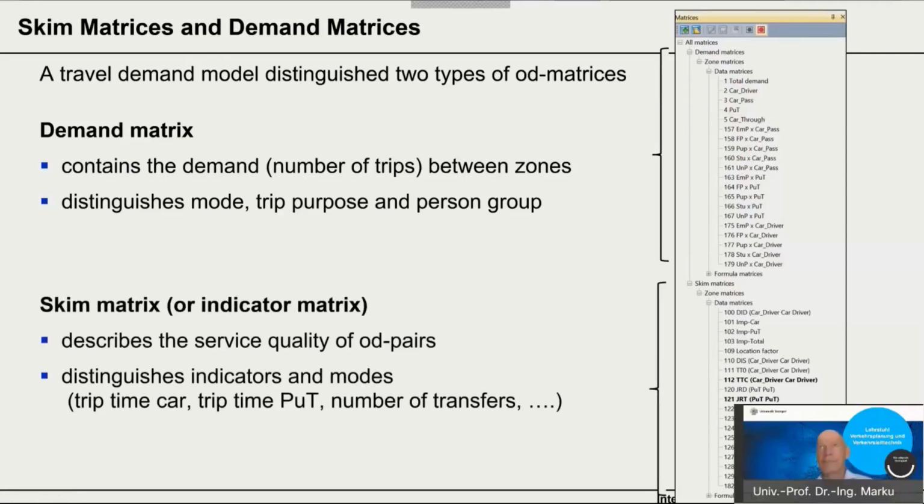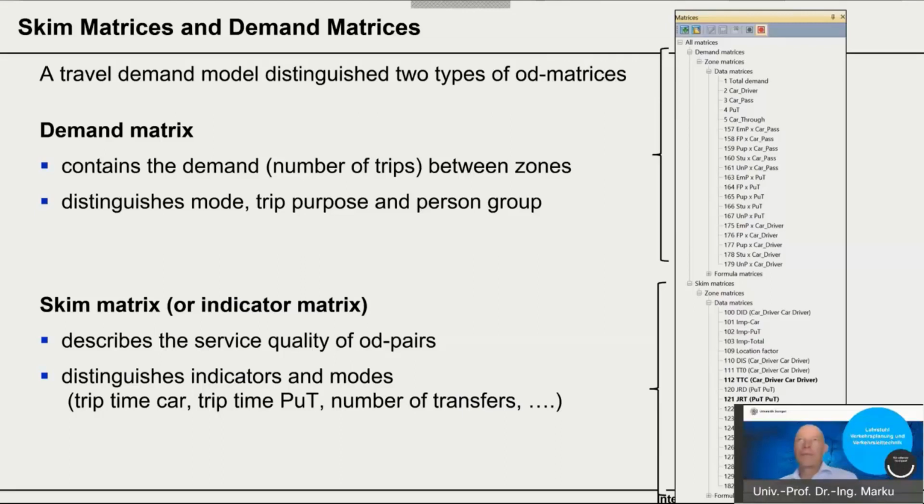This is the skim stands for we extract the information of the graph. We have a graph, we have a network, and in that network we have routes, and those routes contain information on trip time, car, trip time, public transport, number of transfers, but we need to aggregate it in a certain way to a matrix.